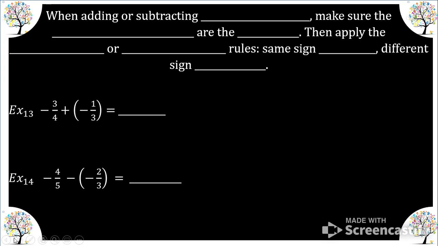When adding and subtracting fractions, remember to make sure the denominators are the same.